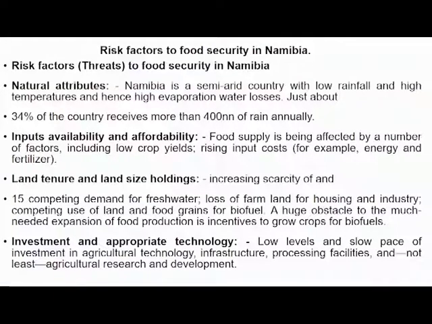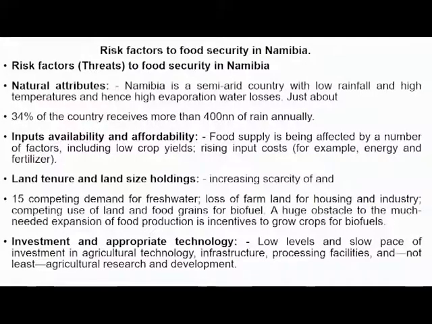As we have already said earlier, Namibia is a semi-arid country, a dry country with low rainfall and higher temperatures, and hence higher evaporation water losses. About 34% of the country receives more than 400 millimeters of rain annually. This is one of the natural attributes that has a very serious impact on food security in Namibia.